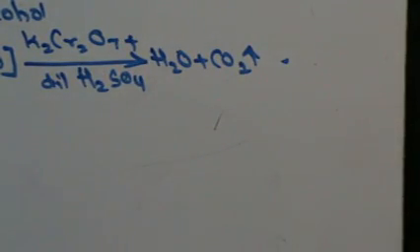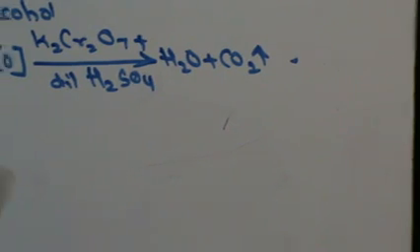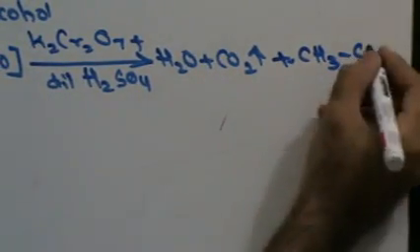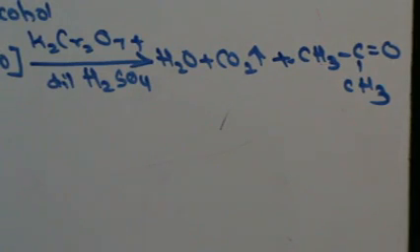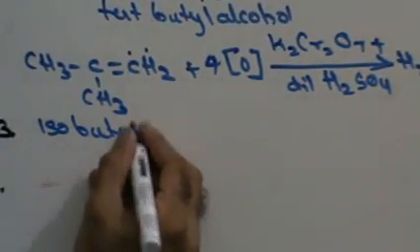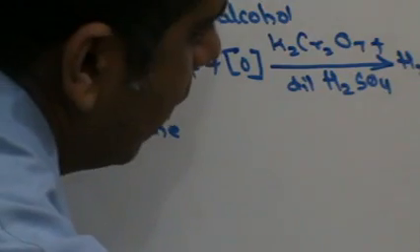Water means 2 hydrogens are gone. Carbon dioxide gas and water, that means 3 hydrogens are gone. So I have 1 hydrogen remaining with me. 2 hydrogens are gone, 1 carbon is gone, and 3 oxygens are gone. So that leaves you with CH3C, CH3, and double bond O. So here you are getting a ketone with 1 less carbon atom. So you have isobutylene getting converted to acetone.